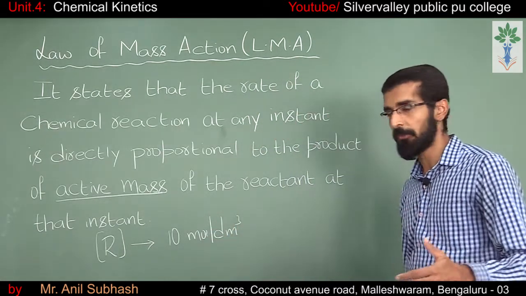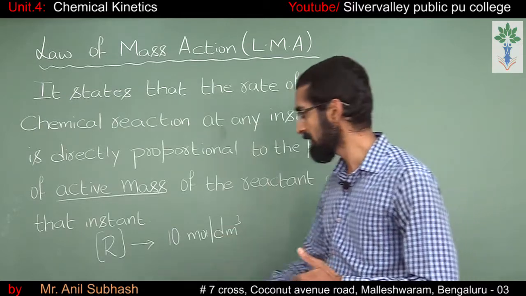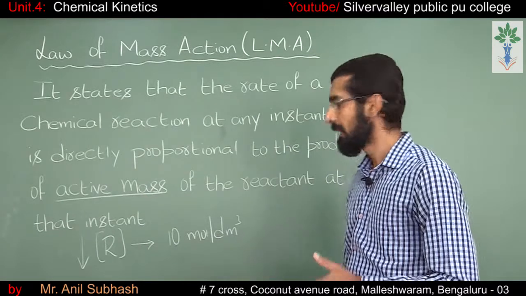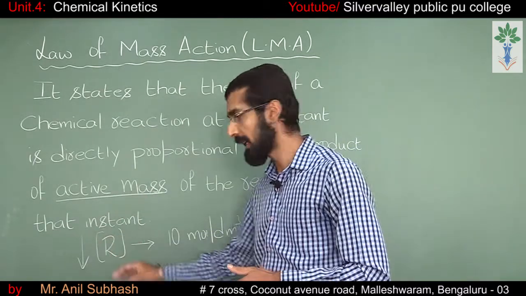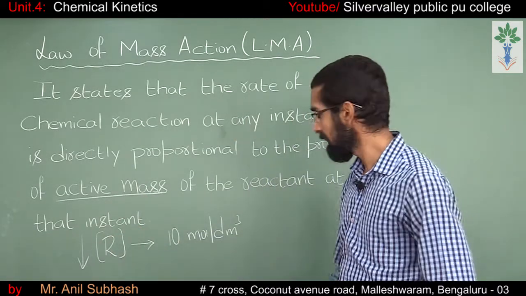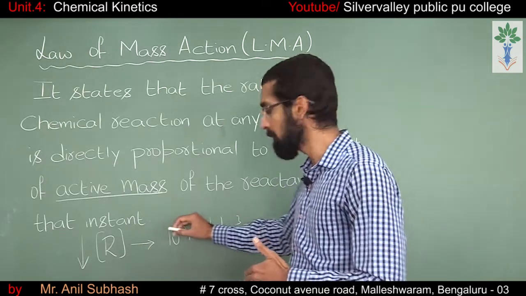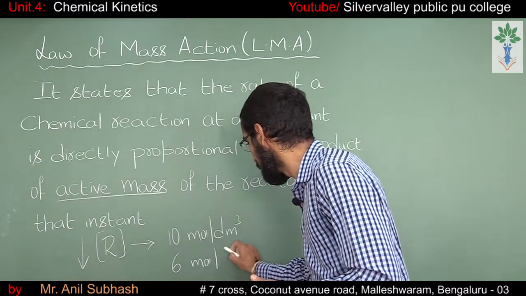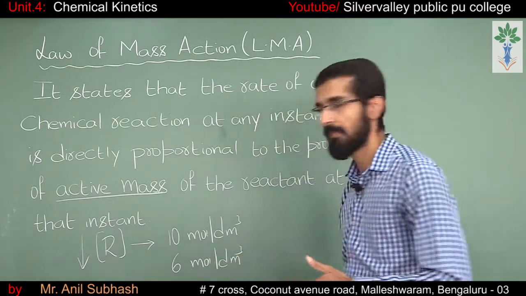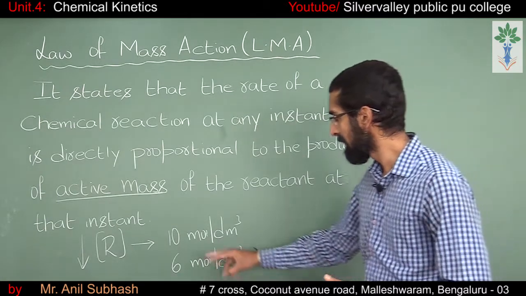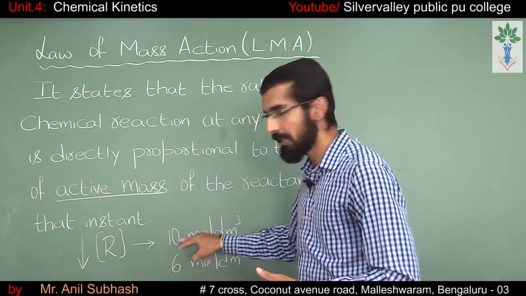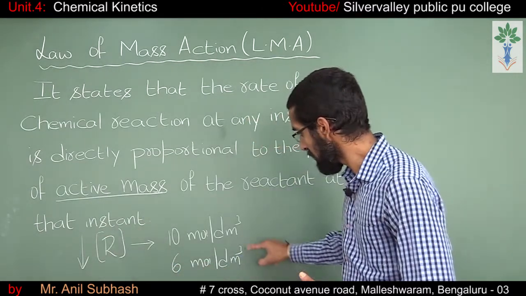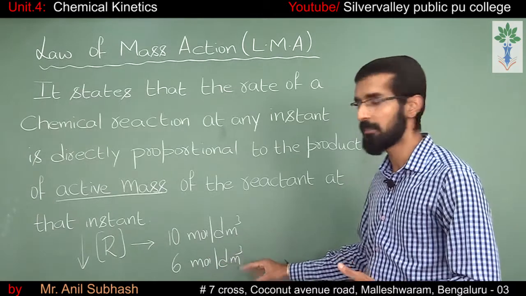And I have mentioned before, whenever a chemical reaction takes place, the concentration of the reactant goes on decreasing. Let us assume after some time the concentration of the reactant decreases from 10 mole per dm cube to 6 mole per dm cube. That is, the initial concentration was 10 mole per dm cube. After some time t, the concentration has decreased to 6 mole per dm cube.